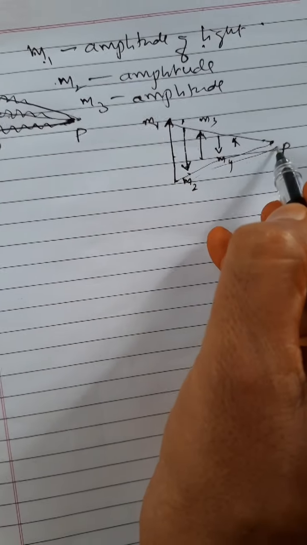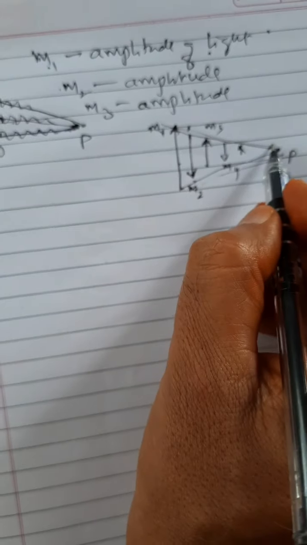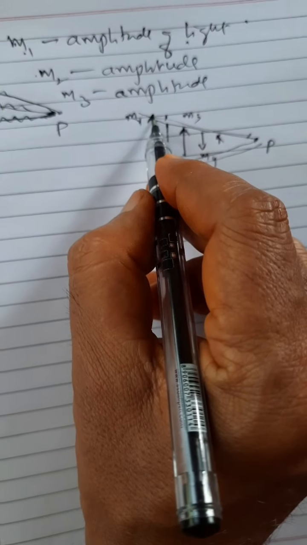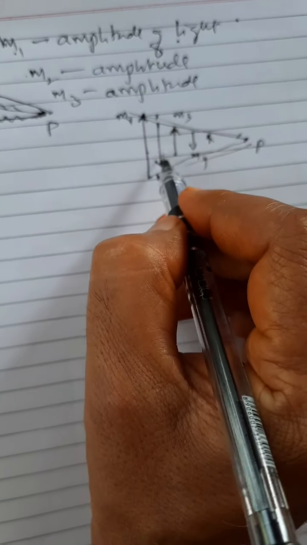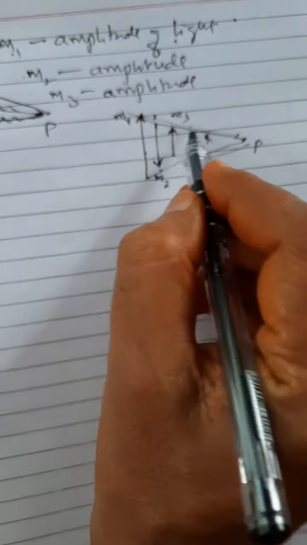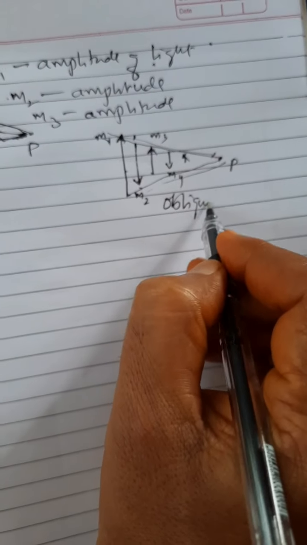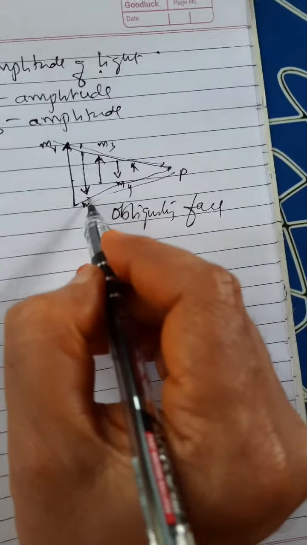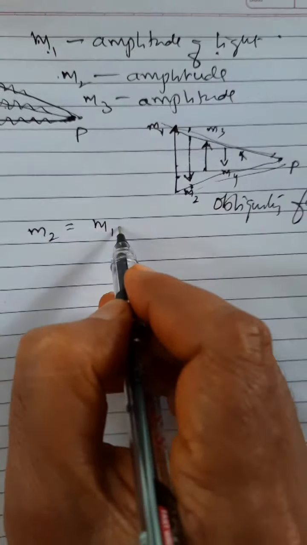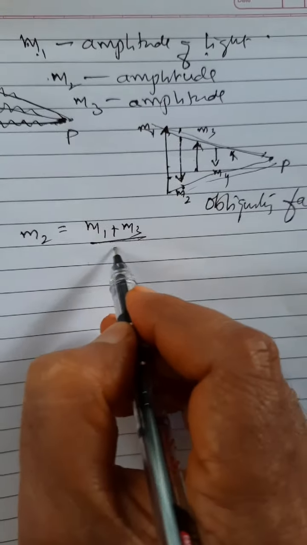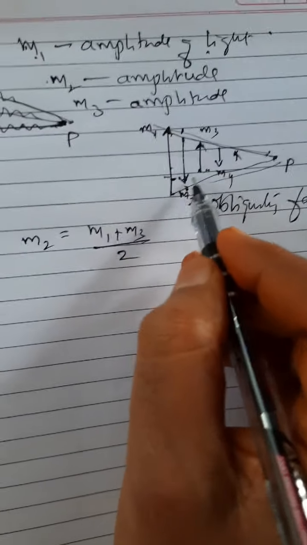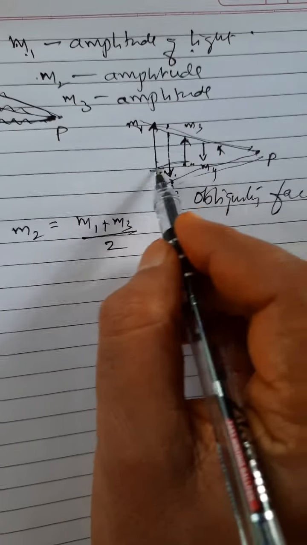The even ones are out of phase with the odd ones, but the magnitude also goes on decreasing because of the obliquity factor. For that reason, M2 is in between M1 and M3, so I can write M2 as M1 plus M3 divided by 2, the average of these two.